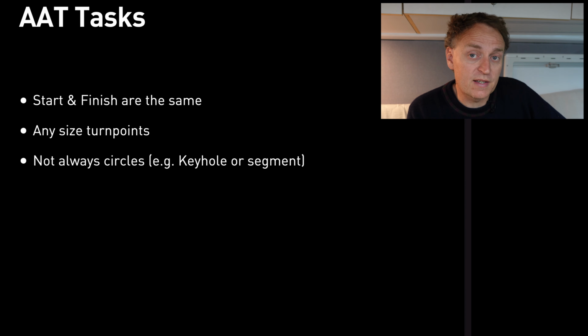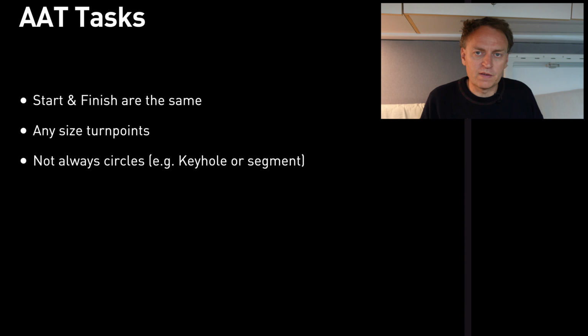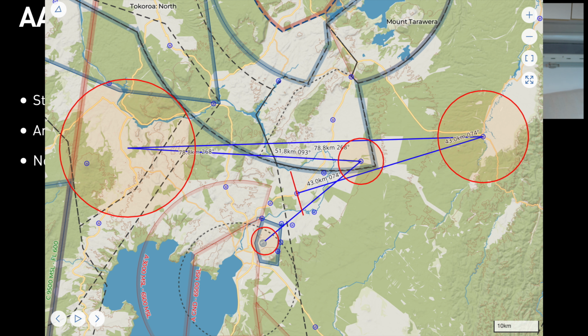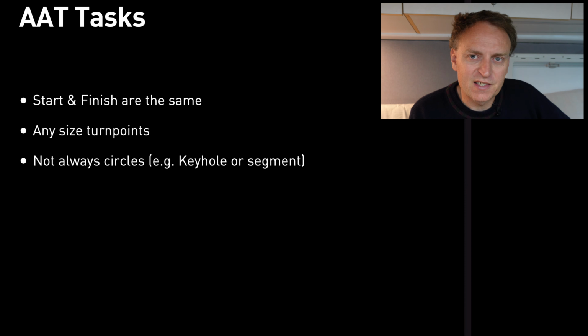So, an AAT task. It's essentially the same. We have start and finish in exactly the same way. A key difference is you can have turn points of varying sizes. Now they might range from the half K circles through to 20 or 30 kilometre radius circles. The task setter decides at the beginning of the day what size circles they're going to use.